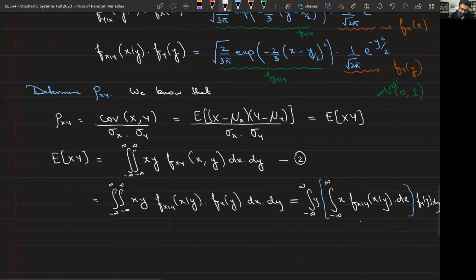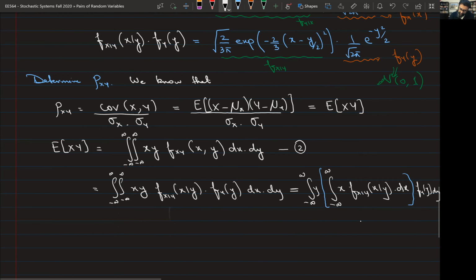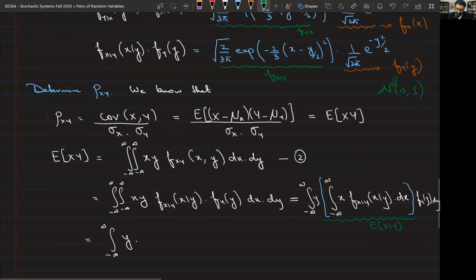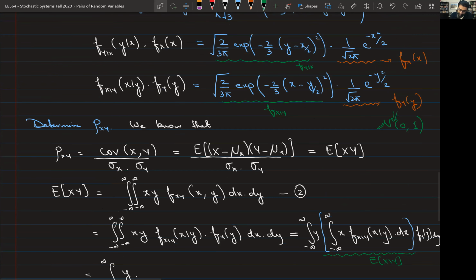What do I get in this integral? What is this equal to? This is nothing but the expected value of x given y, which I have actually done in the previous example, but I can just take a look at f of x given y, which is here. See that this is a Gaussian distribution, and the mean for this is y by 2.